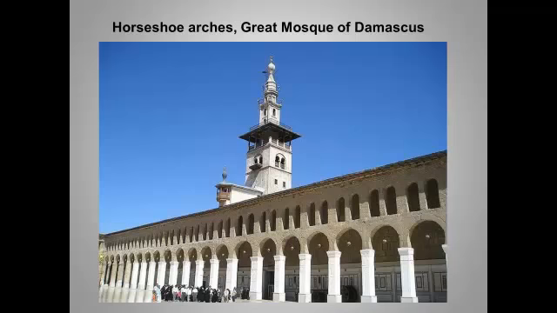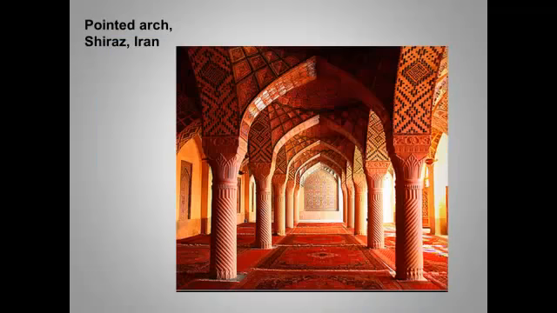So here's an early version of the horseshoe arch you just saw. You've seen the Mosque of Damascus in your earlier video. And here's a pointed arch that would become so iconic in Muslim architecture. Again, the Muslims didn't invent this either. Architects borrowed these from the Sassanids of pre-Islamic Persia. But they used the pointed arch brilliantly, both for support and for decoration.